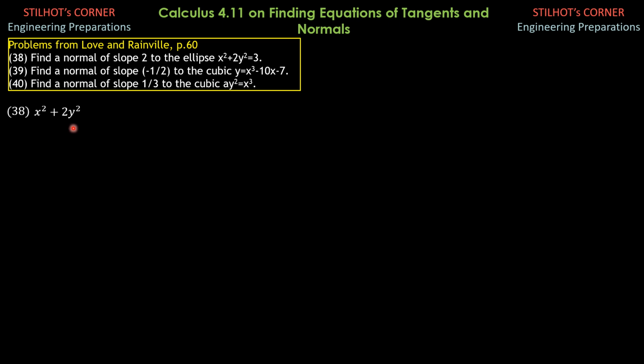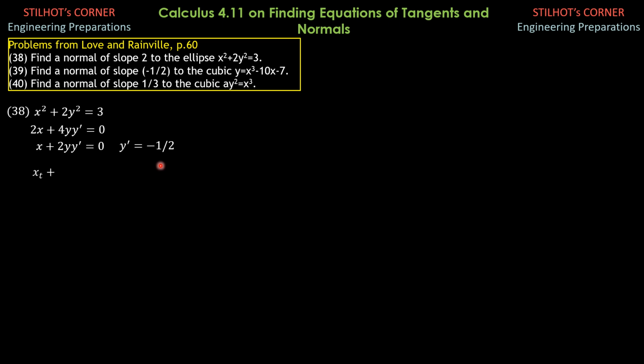So x squared plus 2y squared equals 3, 2x plus 4y y prime equals 0. So simplifying further, this is x plus 2y m equals 0. M is y prime and the slope is, as I said, the negative reciprocal of 2, negative 1/2.